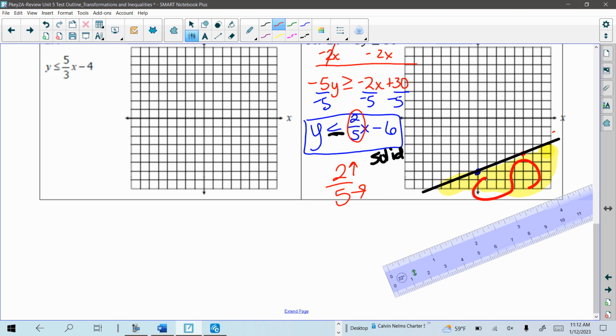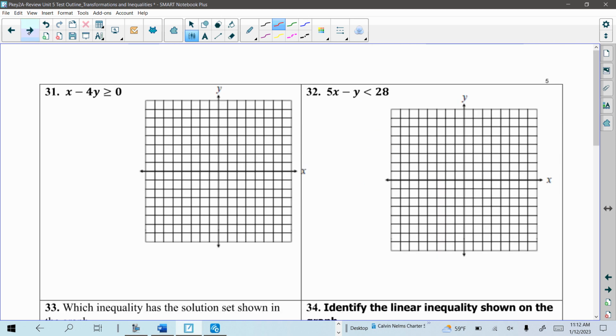All right, go to the next one. Let's try 31. All right, minus X should be the first step.